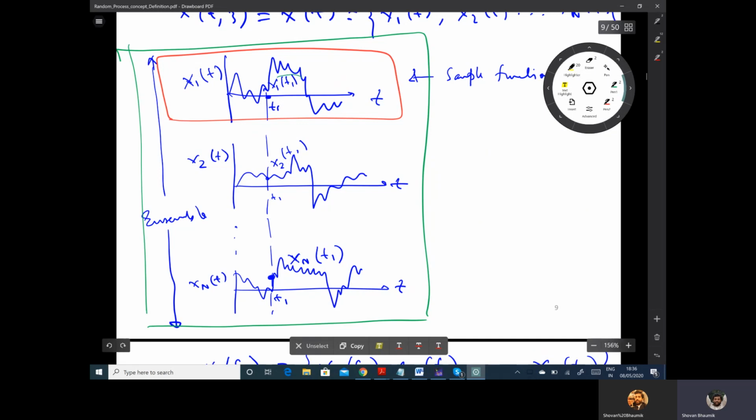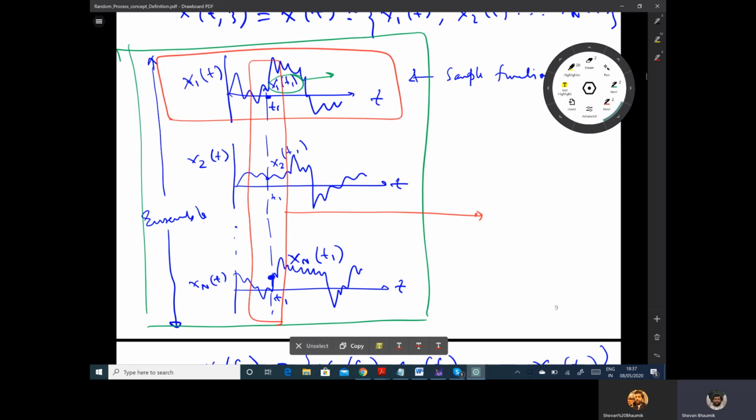This number x(t1) is another way of representation. And the collection of all these things over the ensemble is also another. So there are four ways we could represent it.